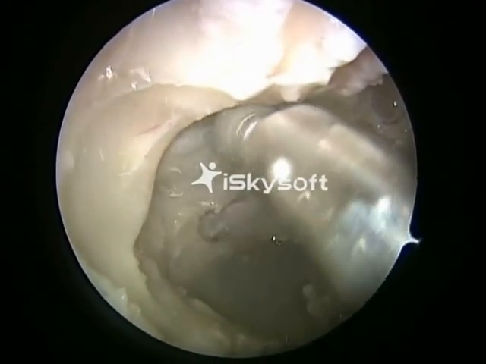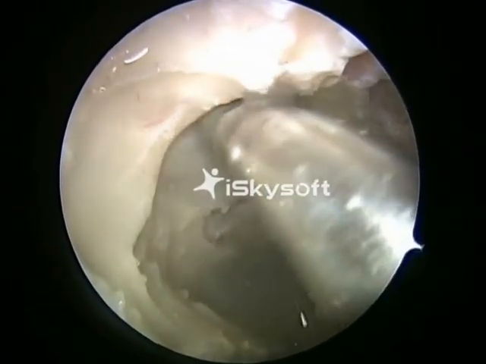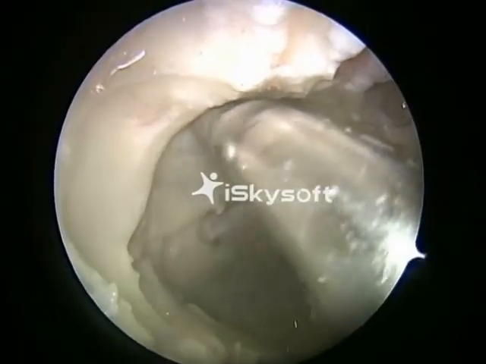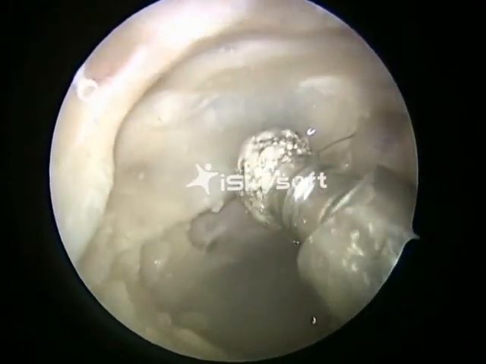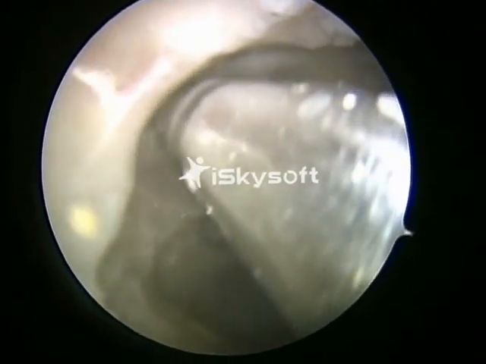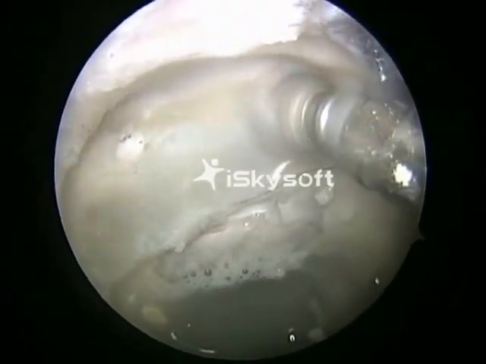We can now see the diamond burr being used to drill the base of the triangle. We can see the posterior ethmoidal artery on the left of your picture very clearly. That's the dura which has been exposed.